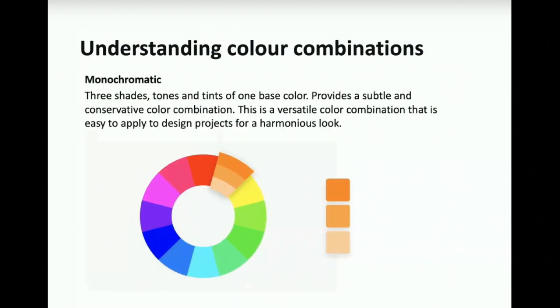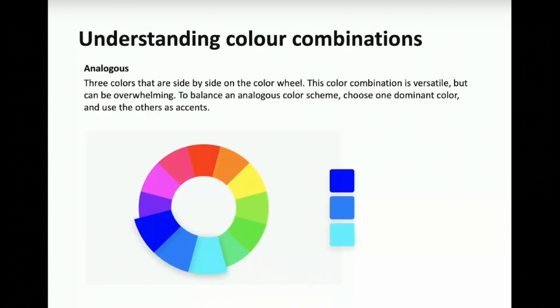Now, it is similar to the monochromatic, one color with different shades. But in this case, you have different colors that are relatively close to each other. If you are working on a project that entails using the color purple, other complementary colors you could use are magenta here and also the other color here as well.